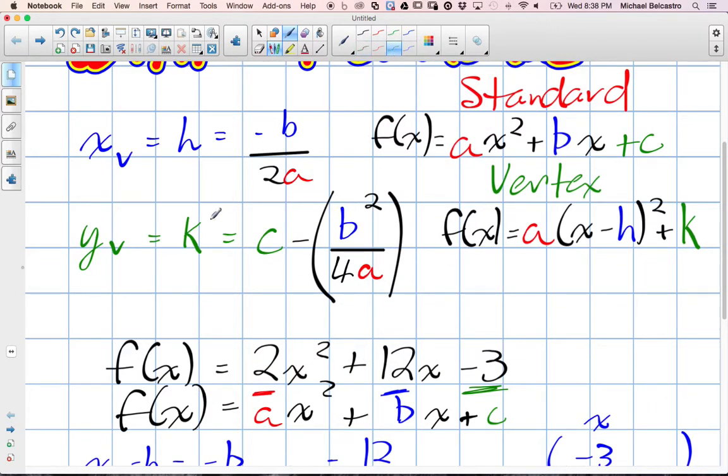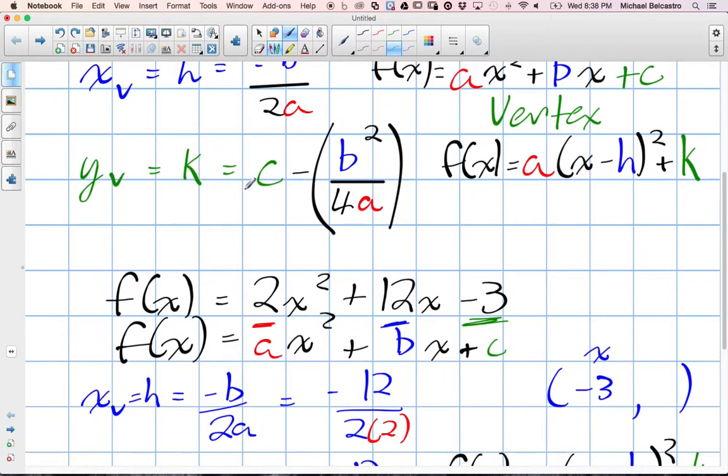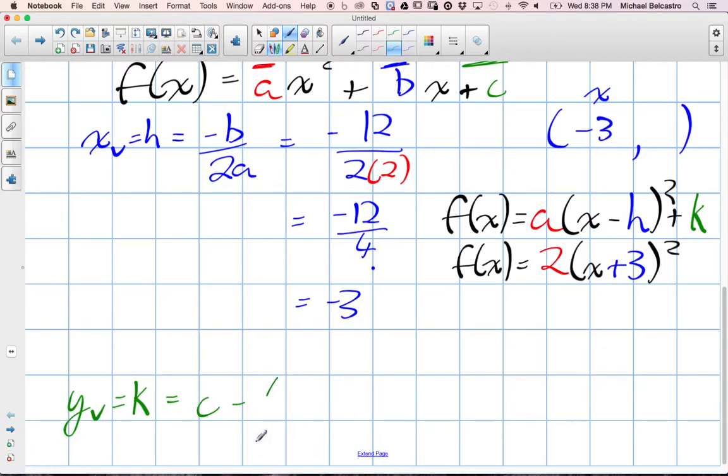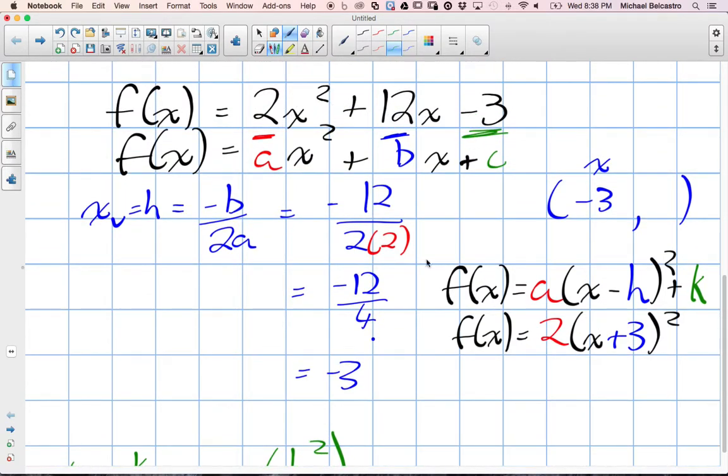Finally, we just got to figure out the k. Let's write our k formula out here, the y value of the vertex. The y value of the vertex, which is k, is equal to, you don't have to write all these things, I just wanted to show that these things are the same, c subtract b squared over 4a. So we need to know our a, b, and c, which are 2, 12, and negative 3.